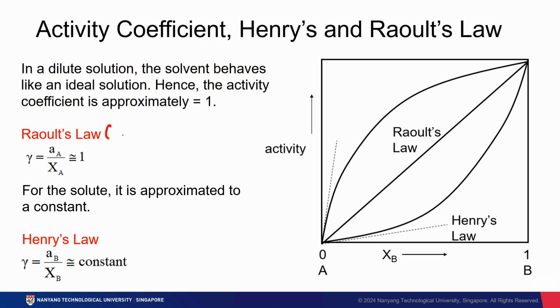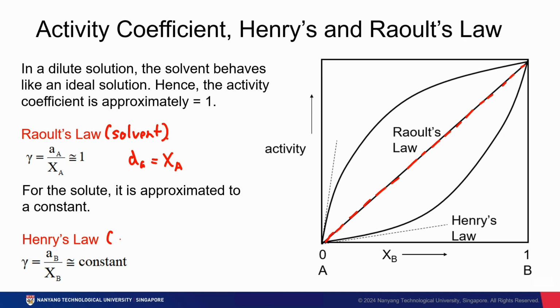Okay, so if we look at Raoult's law, which deals with the solvent in a dilute solution, the activity of A is approximately the mole fraction of A. So it's really quite simple for us to figure out the activity according to Raoult's law.